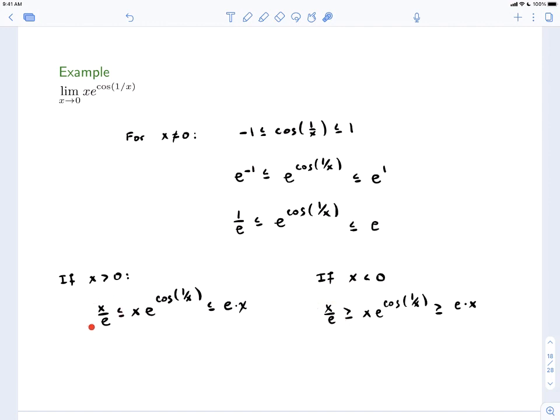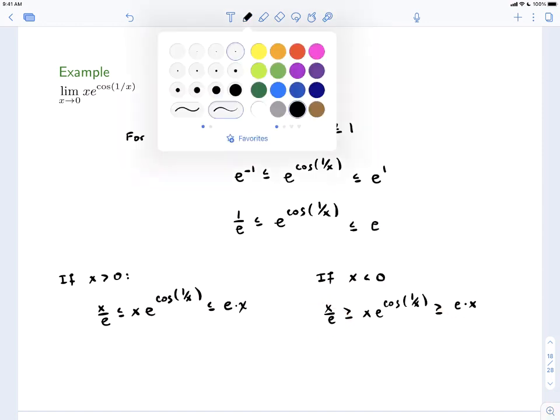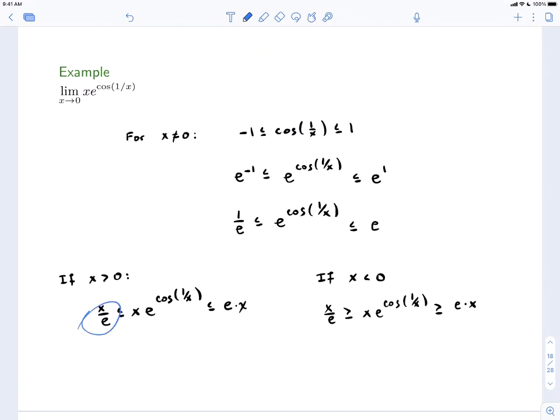And x over e and e times x both go to 0. So this quantity goes to 0, this quantity goes to 0, and these are the same quantities, just in a different order. But in each case, it's x times a constant, and we're looking at the limit as x goes to 0.